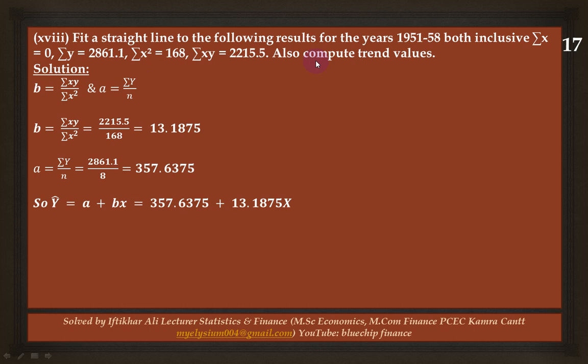If you apply the regression formula here, y hat equals a plus bx, in which alpha equals y bar minus beta x bar and beta equals sum of xy minus n x bar y bar divided by sum of x square minus n x bar whole square, the answer will still be the same.